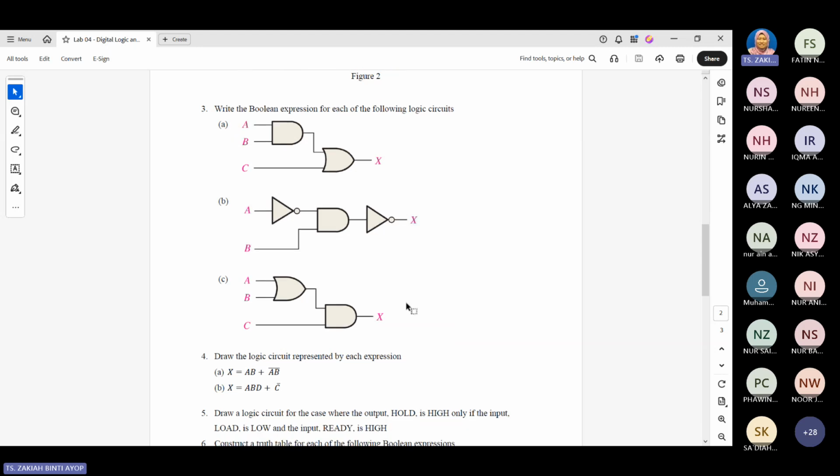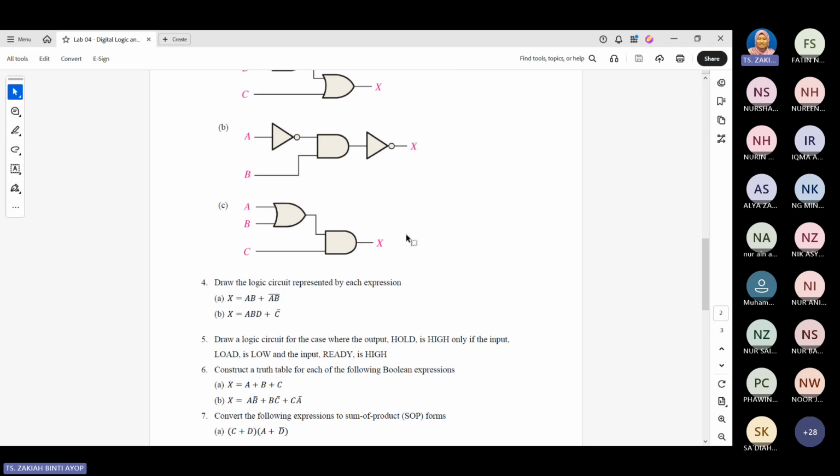Sometimes they may give you expressions that are not similar. But because you have learned about expression simplification, you need to find out whether they have the same output. As I have taught you before, if they don't have the same expression, then you test based on the truth table.